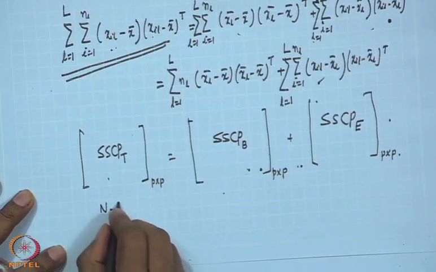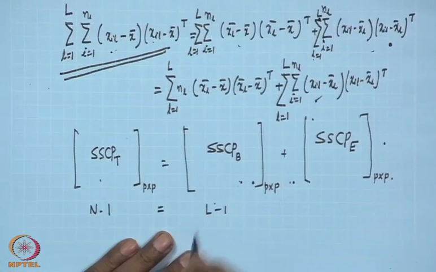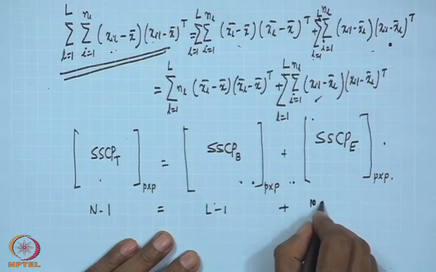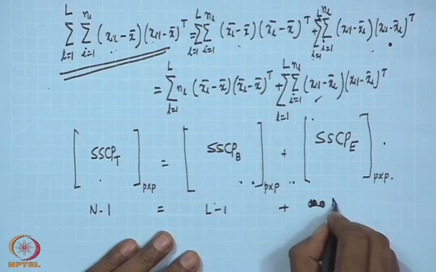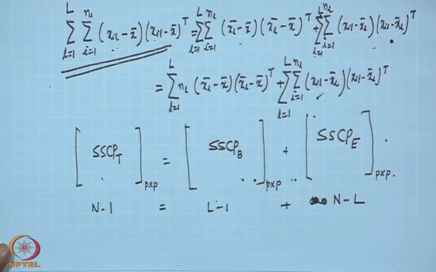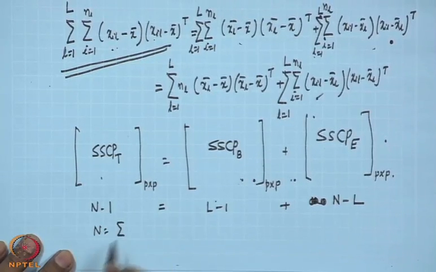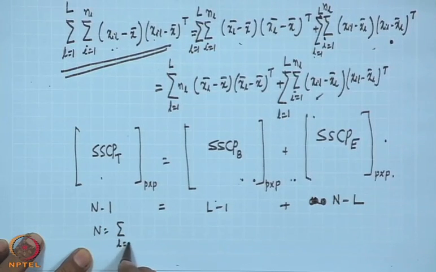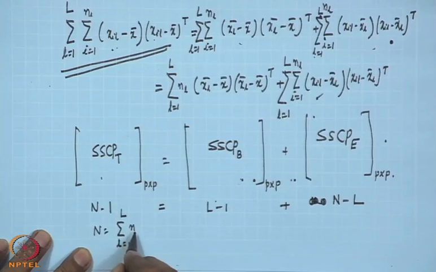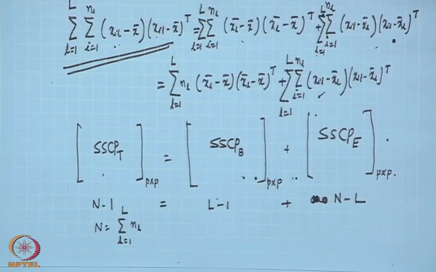Okay. Then what will be the degrees of freedom for this one? It is n minus 1 equal to L minus 1 plus n minus L. Same thing as you have done in ANOVA. So, where n equal to the sum over L equal to 1 to capital L of n L, that is all the observations together.